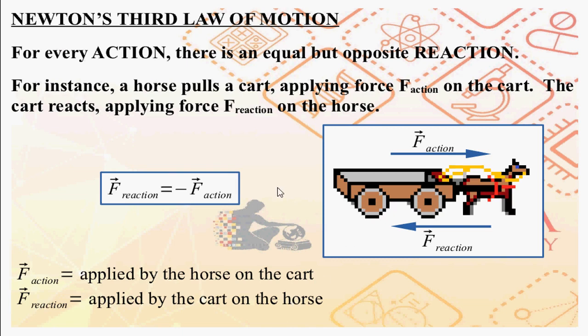For forces to cancel out, they must be applied on the same object or on the same point. F action and F reaction are applied on different objects, therefore they will not cancel out.